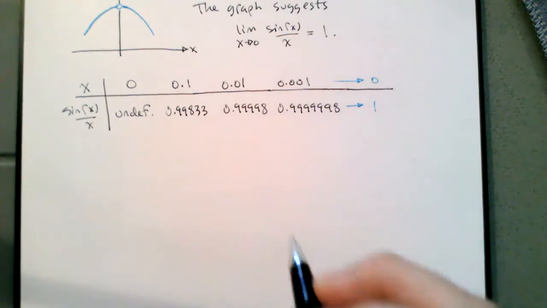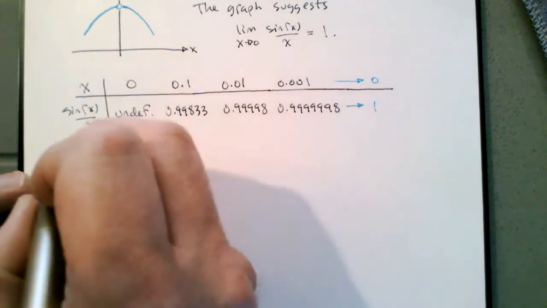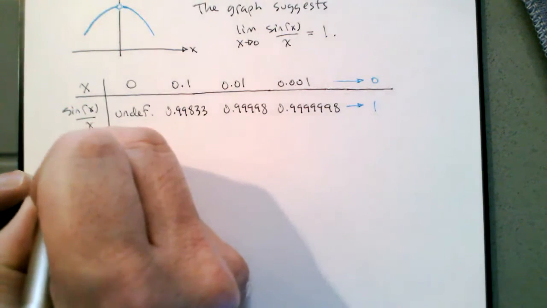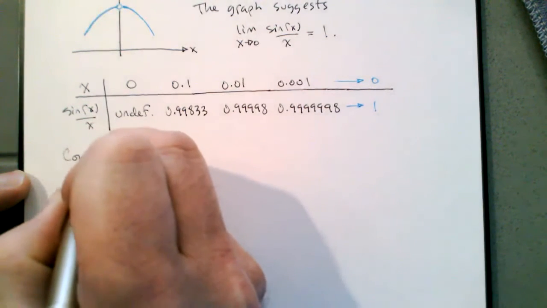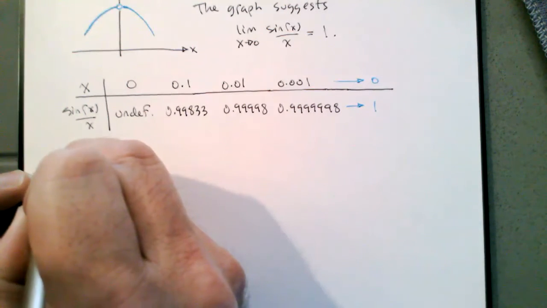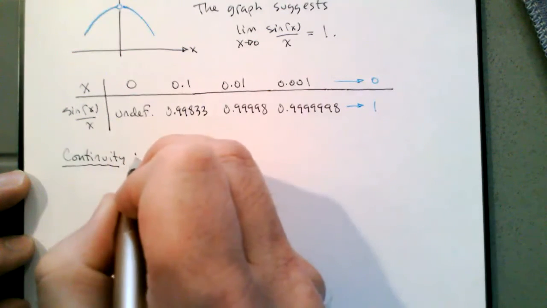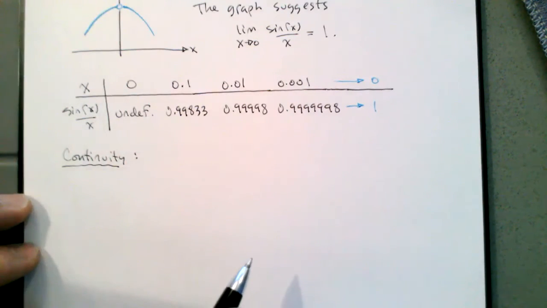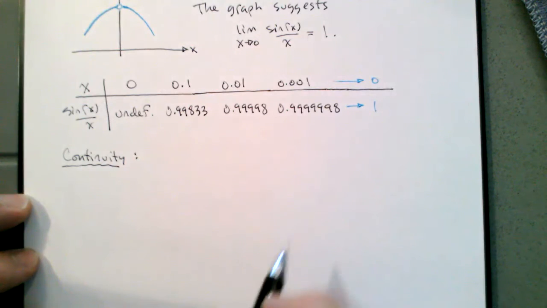So a function can be continuous. Let's talk about continuity. Newton's original idea was that a function is continuous if I can draw the function without lifting my pen from the page.